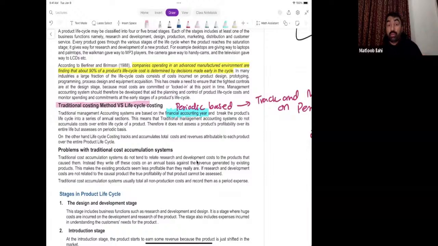Traditional costing is more on a periodic basis. It breaks the product life cycle into a series of annual sections, meaning annual, like 2022, 2023, 2024. This means that traditional management accounting systems do not accumulate cost over the entire life cycle of the product. Why? Why do traditional management accounting systems not capture it?